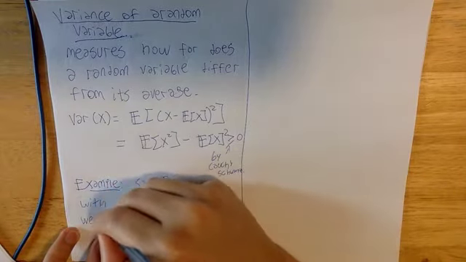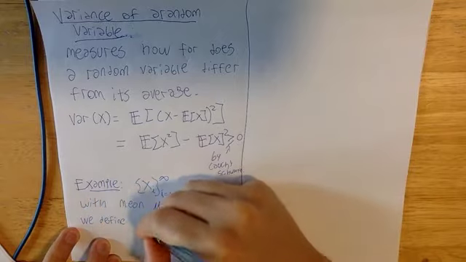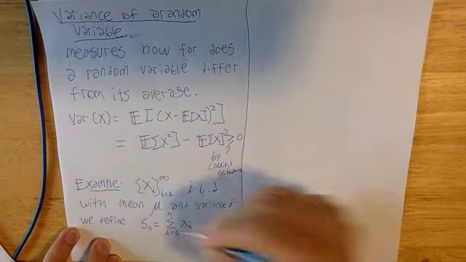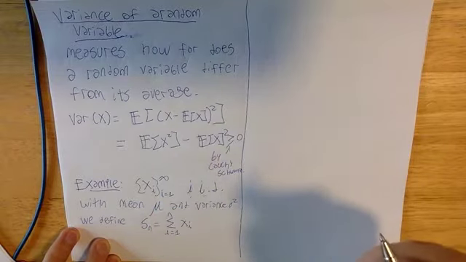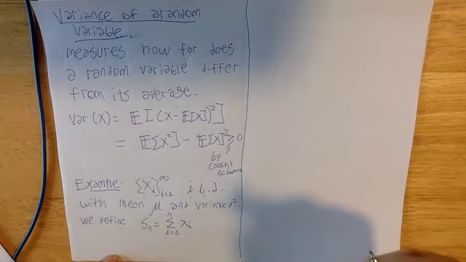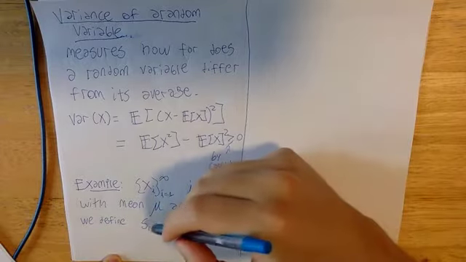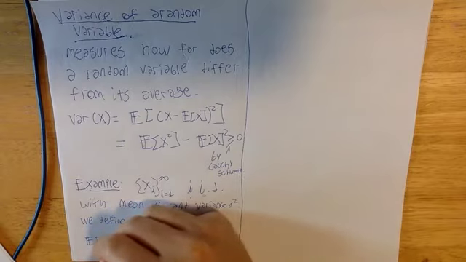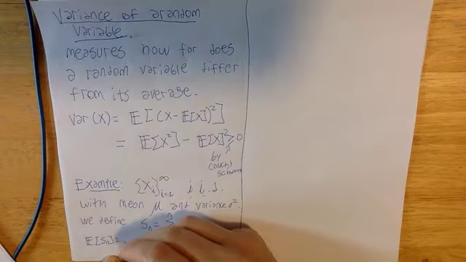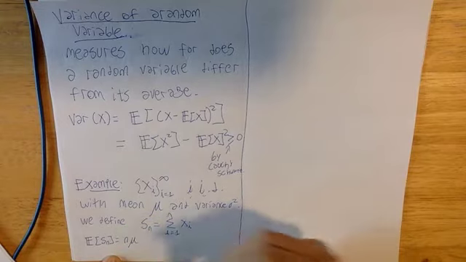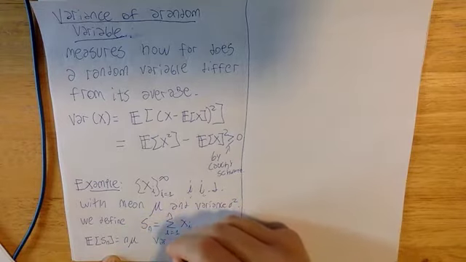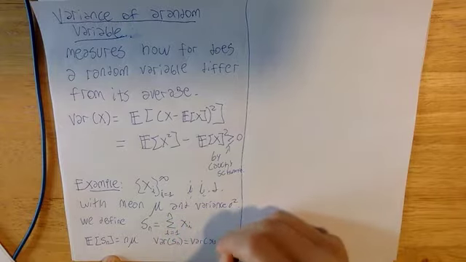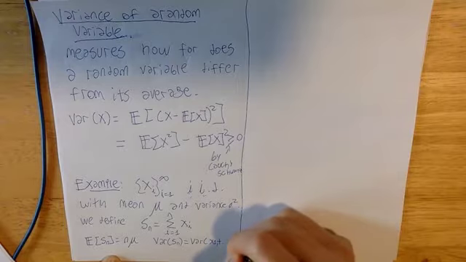We define S_n, which is the sum of X_i, i equals 1 up to n. Then what we can actually see is that, for instance, the expectation of S_n is going to be equal to n times mu, and the variance of S_n is equal to the variance of X_1 plus ... plus X_n.